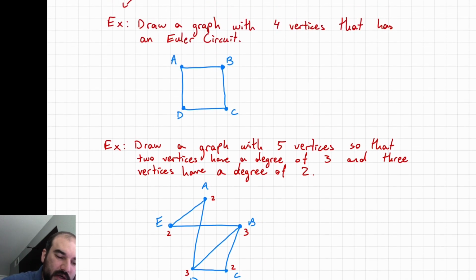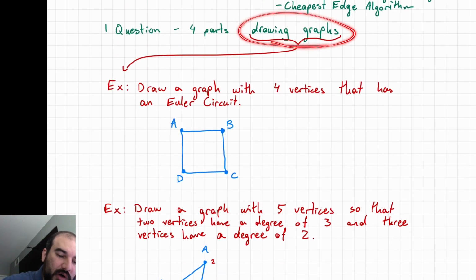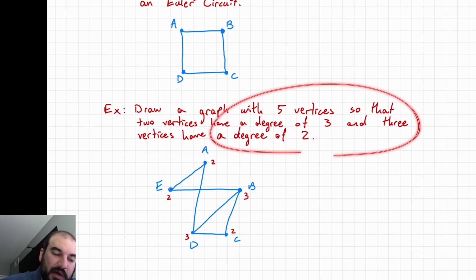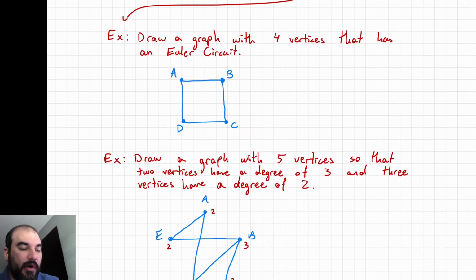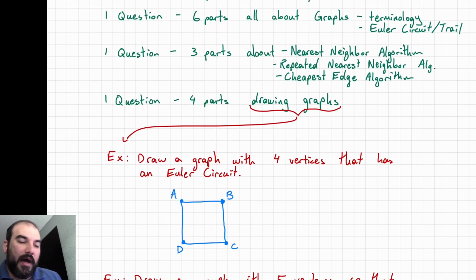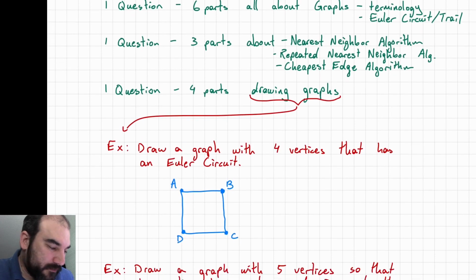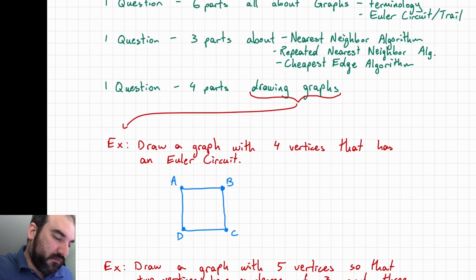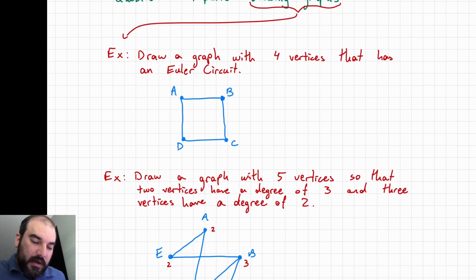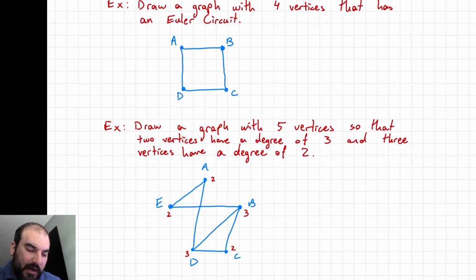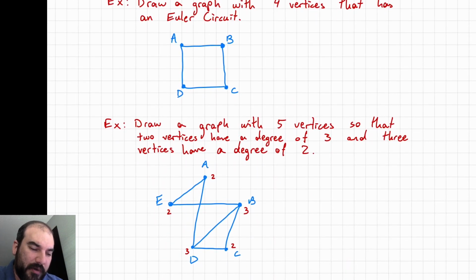So there are 4 questions where you have to draw graphs based on some kind of given characteristic. It could be about Euler circuits, it could be about the degree of the vertices, it could be Euler trail. It won't necessarily be a Hamiltonian cycle because we didn't really consider whether a graph has a Hamiltonian cycle or not.